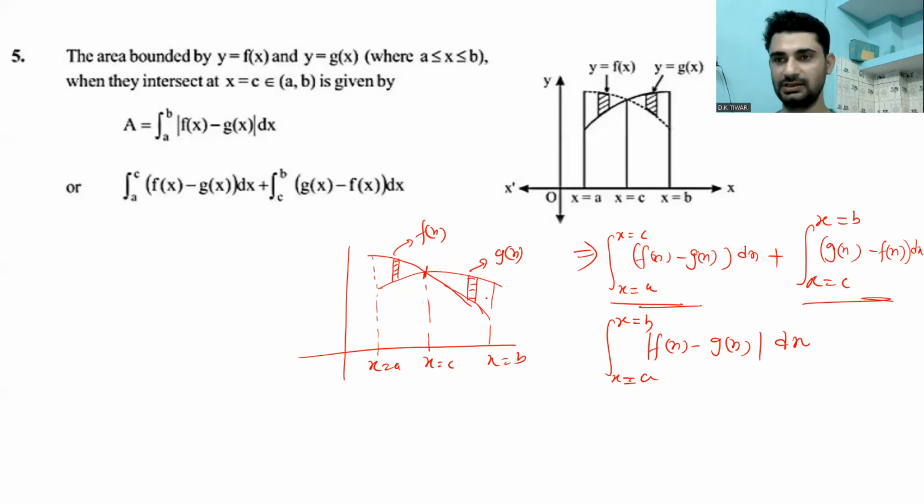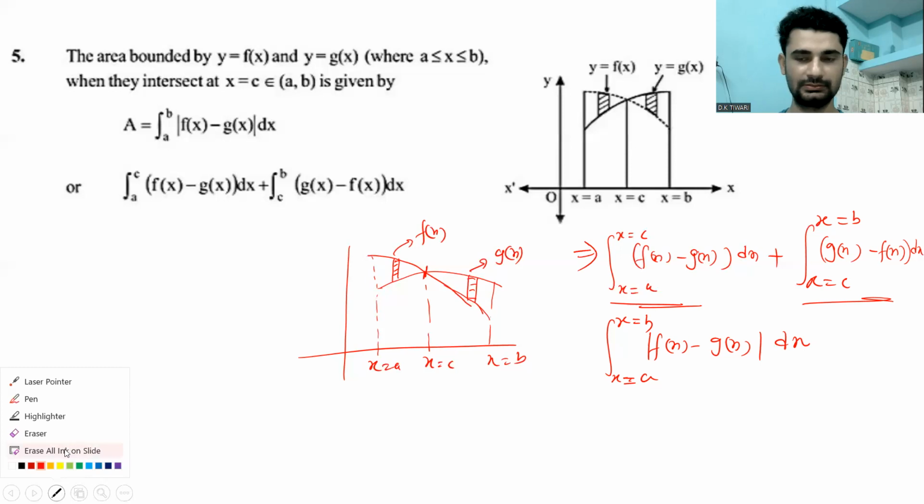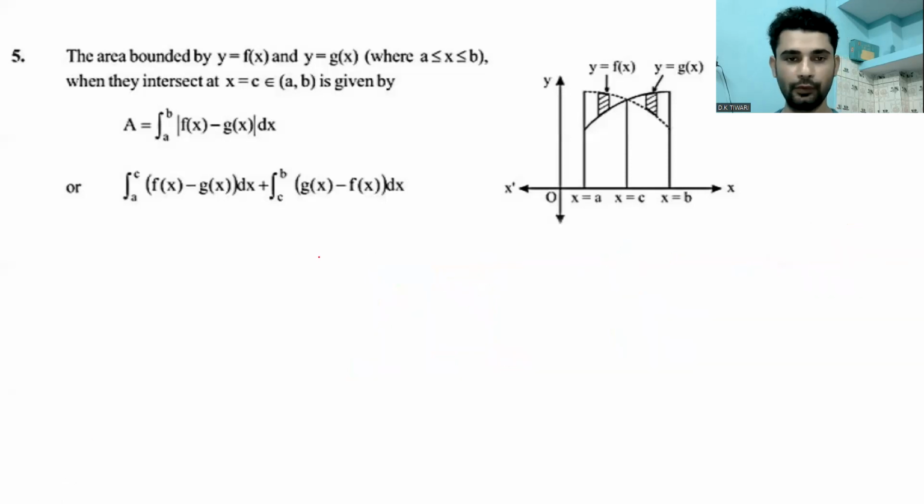Now let's start some examples based on these basic concepts. Before I start, let's take one example when the strip varies on the y-axis. Suppose our function is like this.